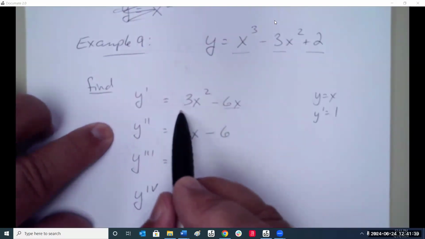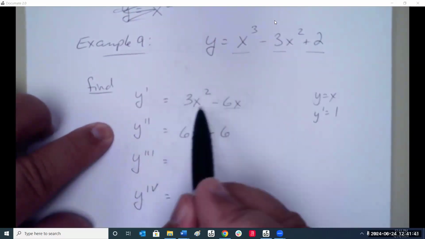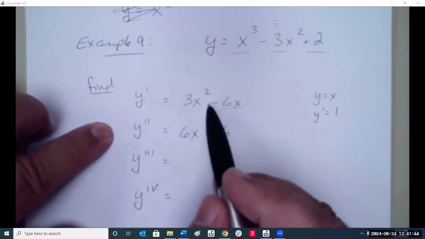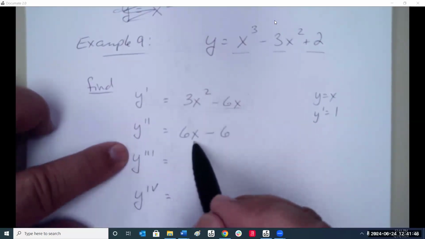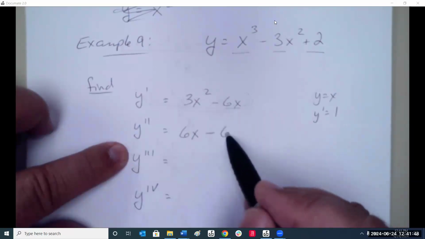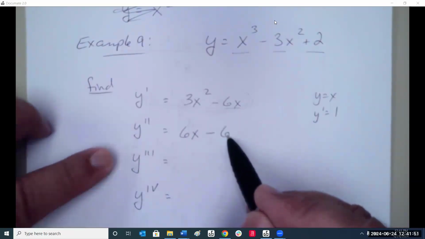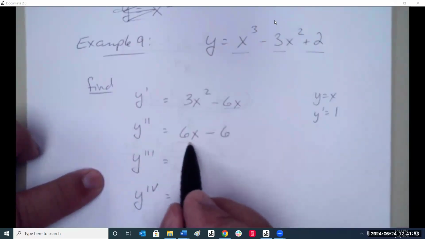No, we're looking at the derivative of the whole equation, the 3x squared minus 6x, the whole thing. So the derivative of the 3x squared is 6x. The derivative of negative 6x is negative 6. So the derivative of this equation is 6x minus 6.